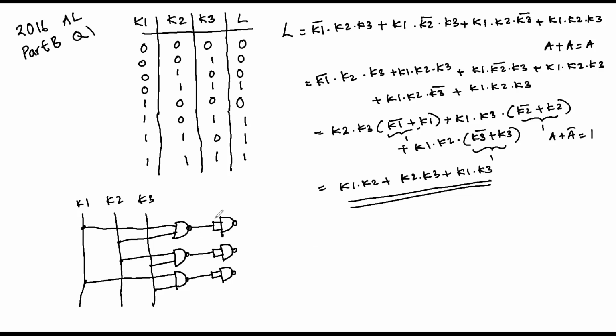So now from here, we will get K1, K2, here K2, K3, and then K1, K3. So then we can use an OR gate. Now let's look at the OR gate. We will put the OR gate. Yes. We'll put everything. And then the output will be L.